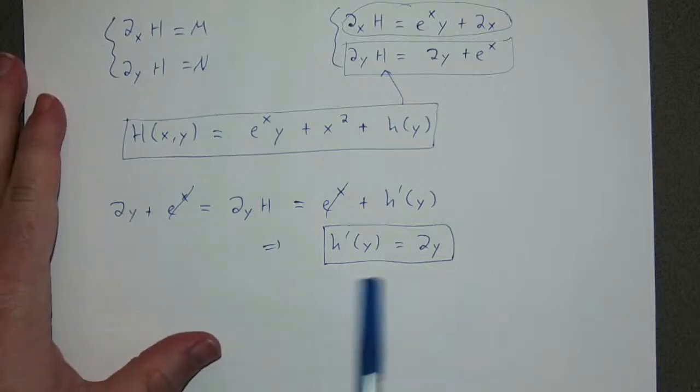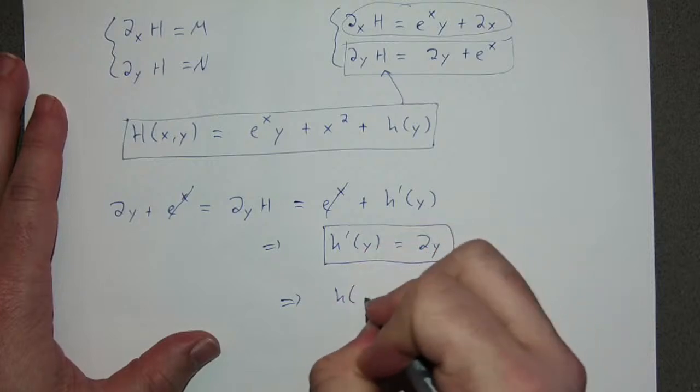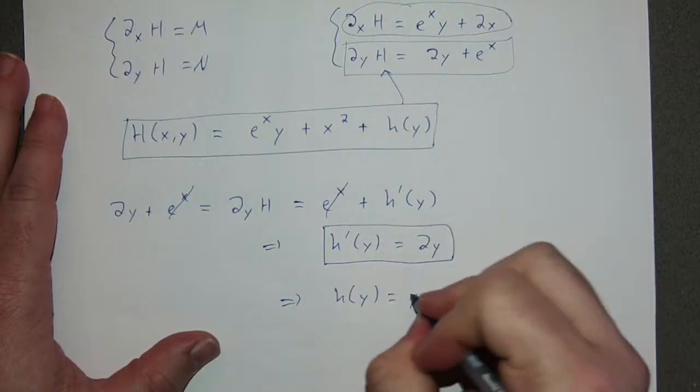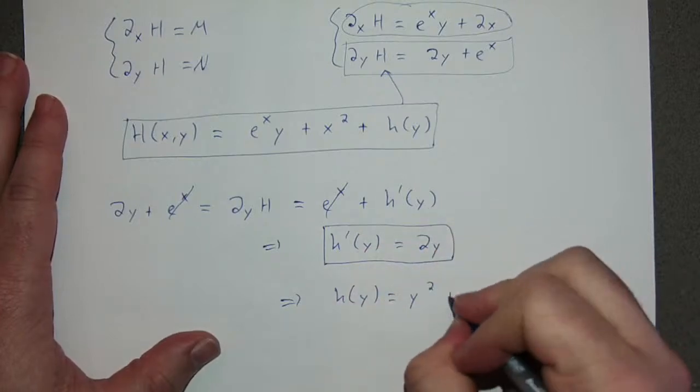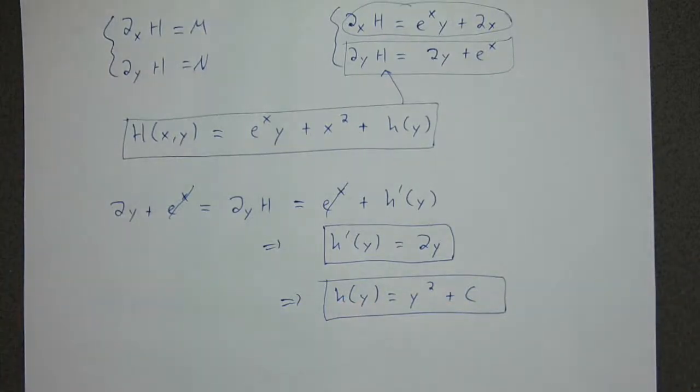And now how do I find little h from this? I just integrate with respect to y here. So little h of y is y squared, plus c if you like, that doesn't matter too much, because that's going to get absorbed here. And so what do I get here?